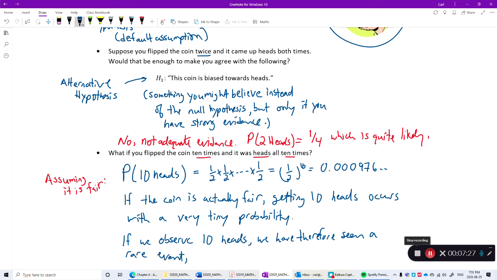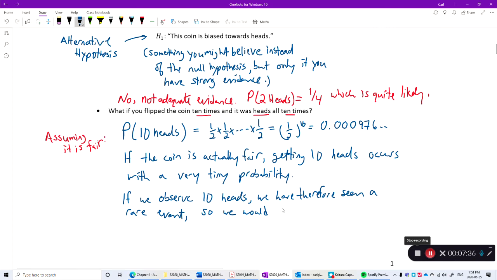Which shouldn't happen very often. So we would reasonably, let's just say, reject the initial assumption. And you'd say, well, it's not fair, I guess. We reject the initial assumption.